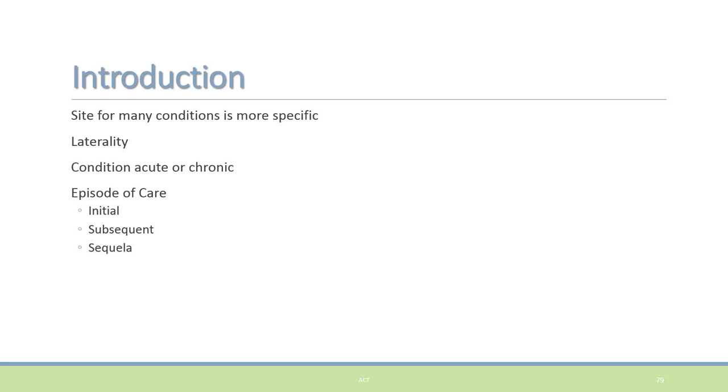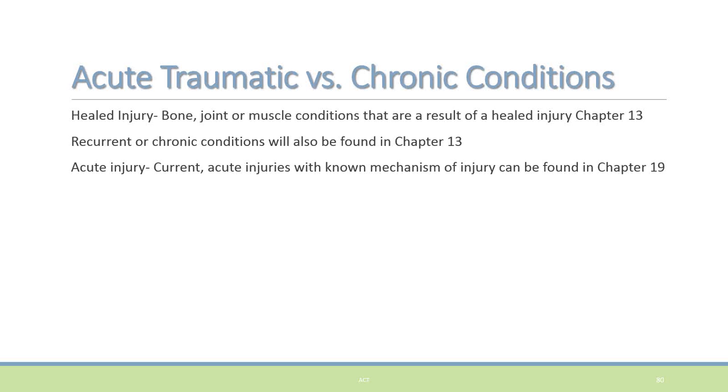So, site-specific, laterality, condition, acute or chronic, and then episode of care. So you want to put down acute traumatic or chronic conditions. If it's a recurrent or chronic condition, typically it's going to be found in Chapter 13. Acute injuries with known mechanisms of injury can be found in Chapter 19 and in Chapter 20.